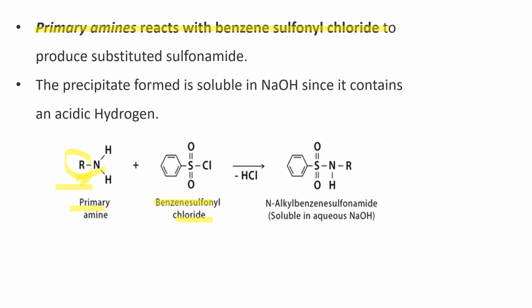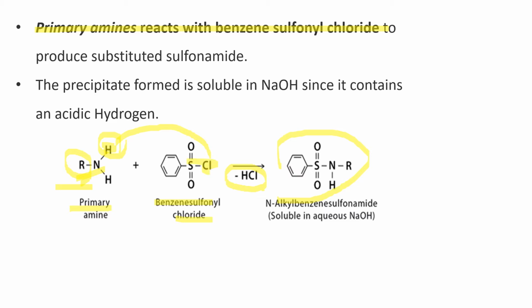So a primary amine, when it reacts with the Hinsberg reagent, forms a precipitate, that is a salt, N-alkyl benzene sulfonamide. What happens in this reaction is one of the hydrogens is replaced by the Cl of the benzene sulfonyl chloride, and that is removed as HCl. This H and the Cl is removed.